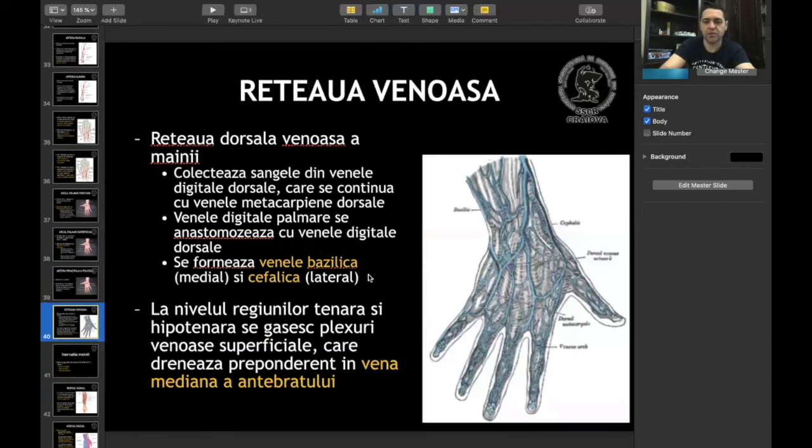Also, we can see the superficial veins. The superficial veins you can see here, on the dorsal side of the hand and of the forearm, and also we can see the anterior aspect of the forearm. We can see the main venous drainage, which is formed by the cephalic vein and the basilic vein.